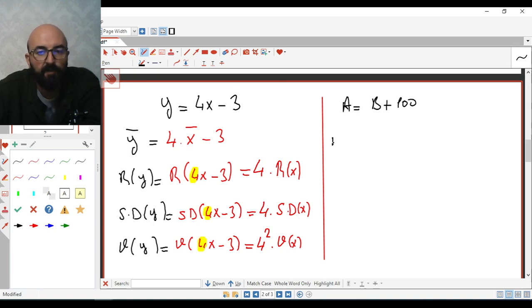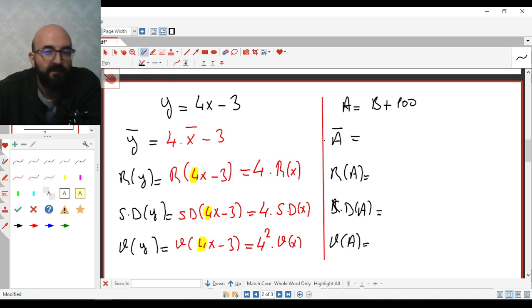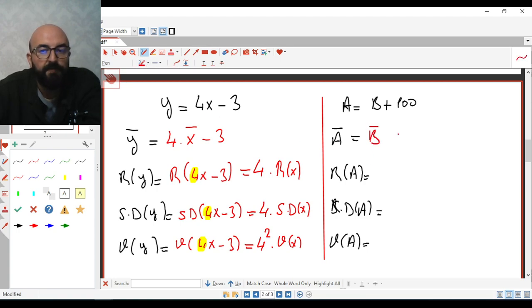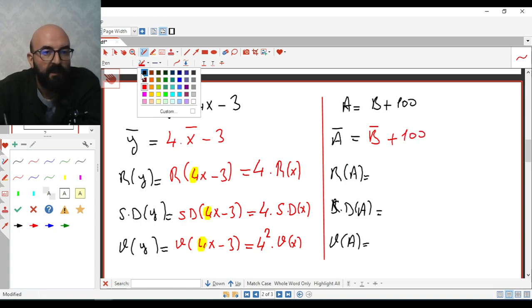We want to write the mean of A, the range of A, the standard deviation of A, and the variance of A. The mean of A is also the mean of B plus 100. And please notice that the factor of B is 1.